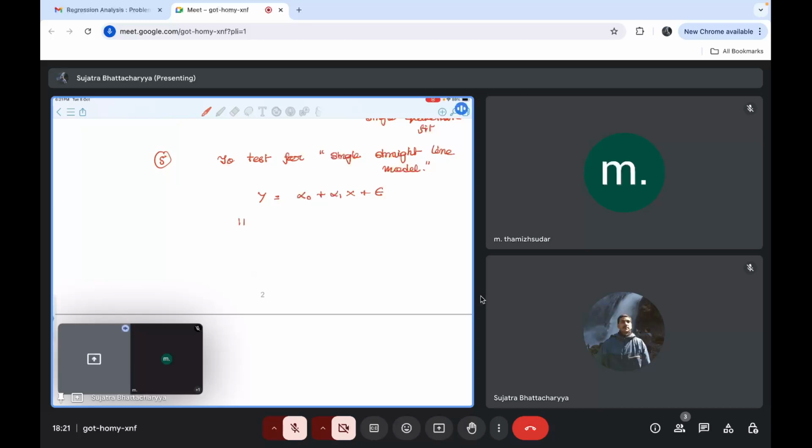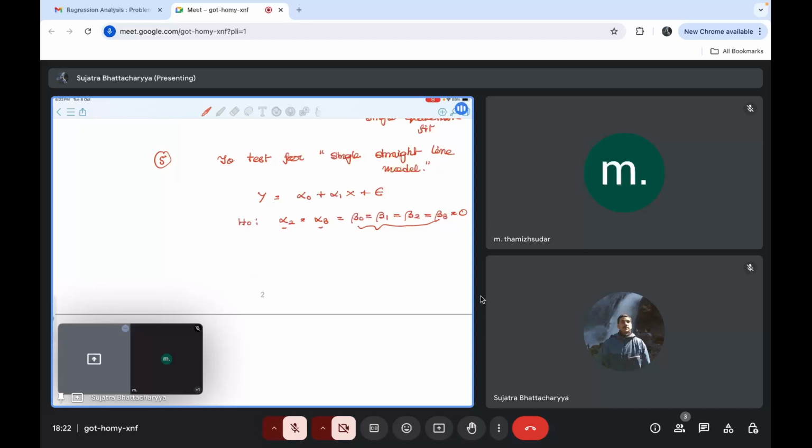Then what will be the null hypothesis? It is all other variables: alpha 2 is equal to alpha 3 is equal to beta naught is equal to beta 1 is equal to beta 2 is equal to beta 3 is equal to 0. So all the dummy variable parts beta naught, beta 1, beta 2, beta 3 should be 0, and to have a straight line the quadratic term is 0 and the cubic term is also 0.